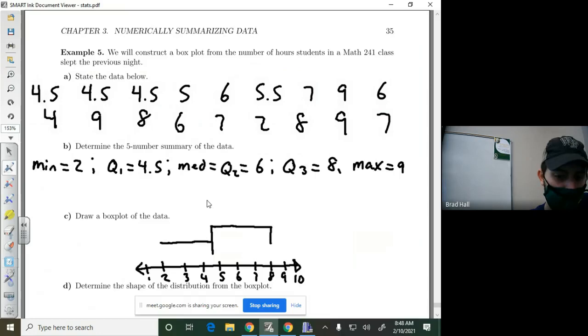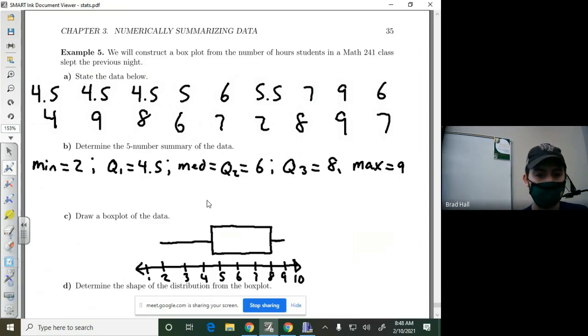If you're wondering what happens to the median, we'll get to that. And then at the end of the box, from the middle, we bring out a line that goes all the way to the maximum value.